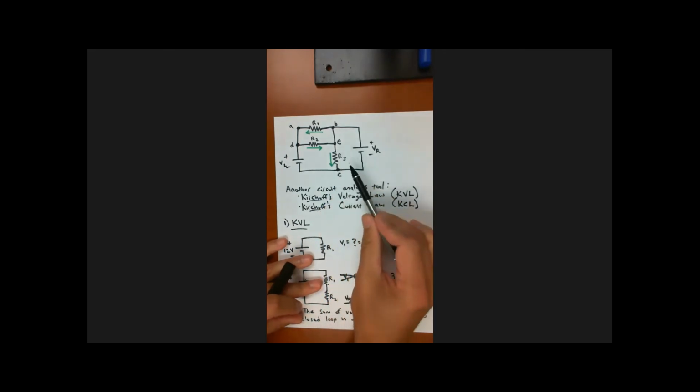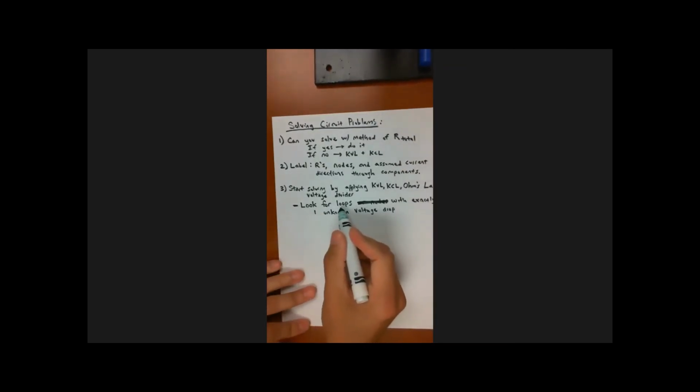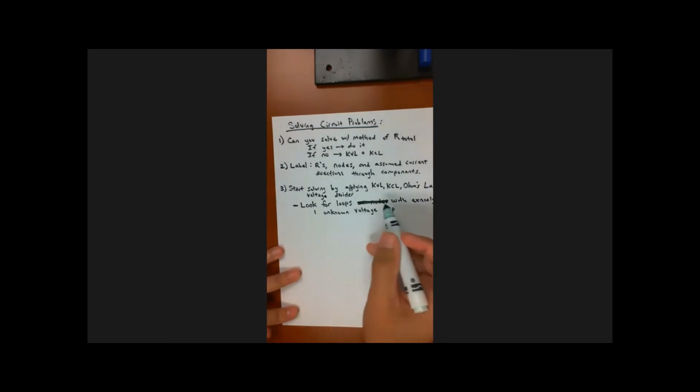A basic rule of algebra is that if you have one equation and one unknown in it, you can solve it. If you have one equation and two unknowns in that equation, you can't solve it. But as long as we can write one equation with one unknown in it, we can solve it. So you're looking for a loop with exactly one unknown voltage drop, which, by the way, could also be a voltage source.